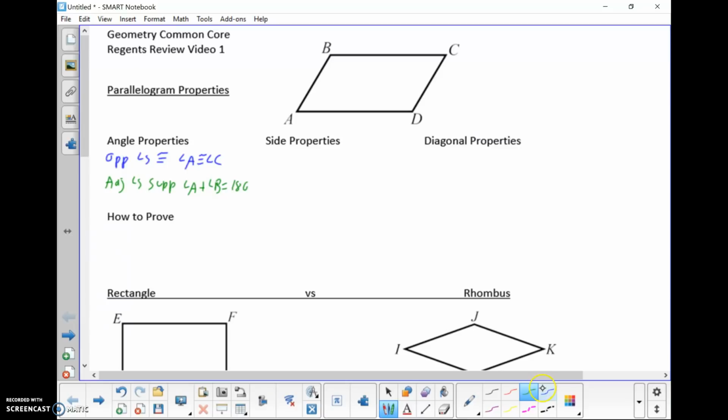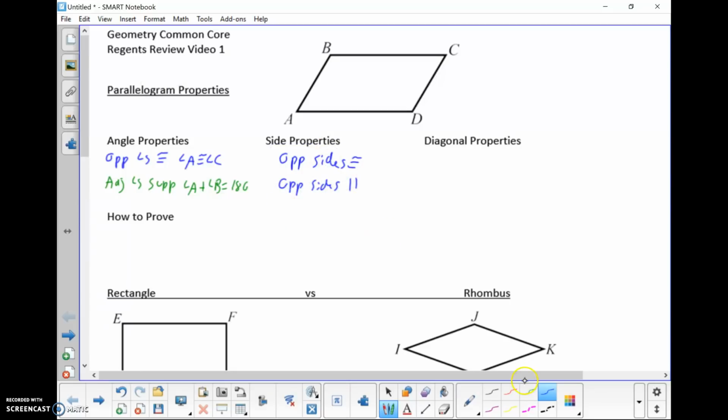Side properties, again, the most notable would be opposite sides. Well, I guess there's really two. Opposite sides congruent and opposite sides parallel.